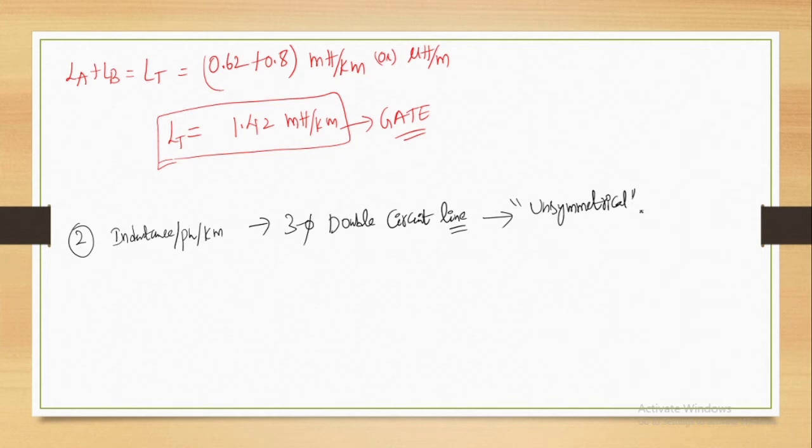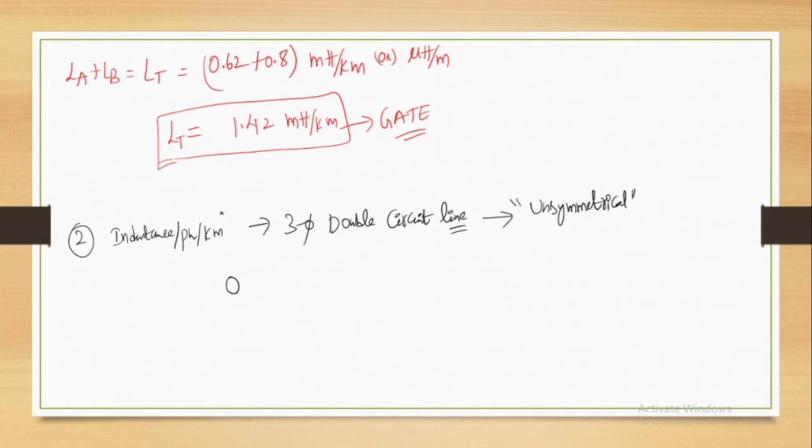So the arrangement is given in the problem like this. Determine the inductance per kilometer of a transposed double circuit three-phase line shown in the figure.